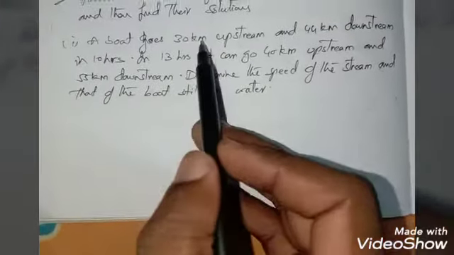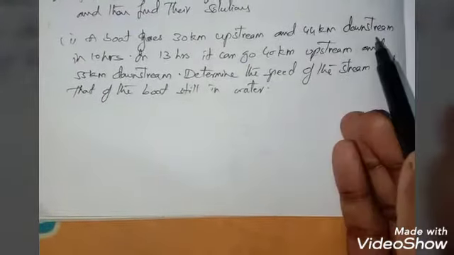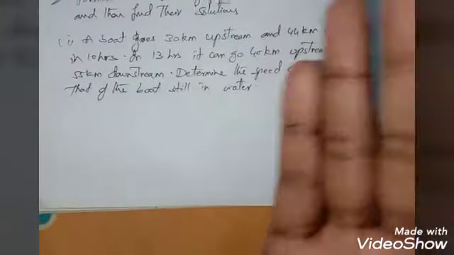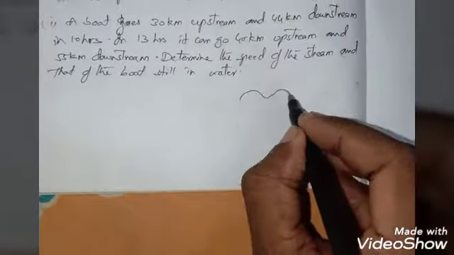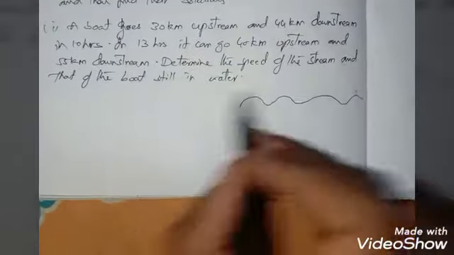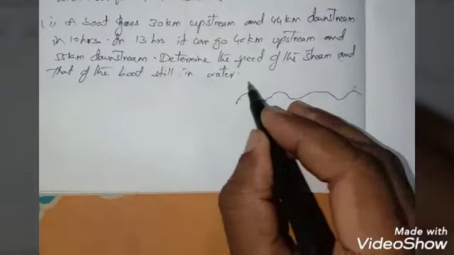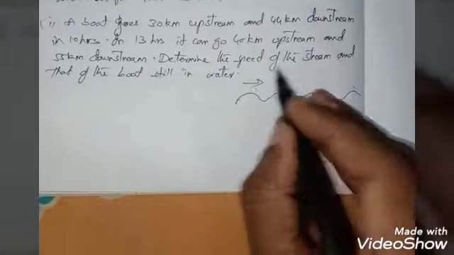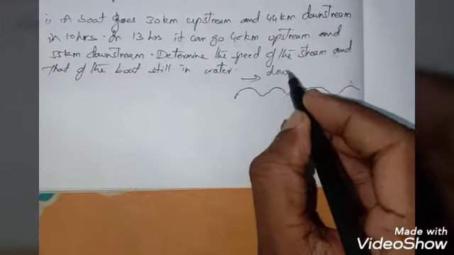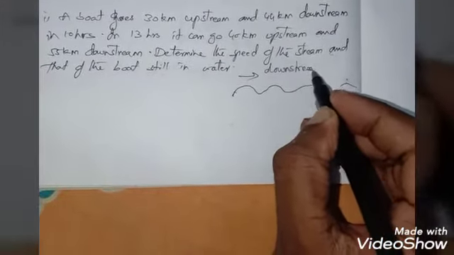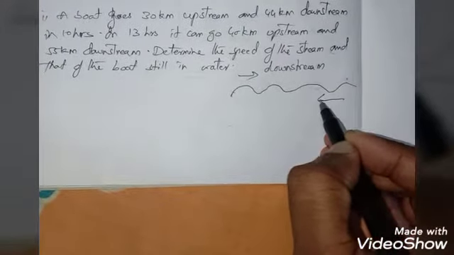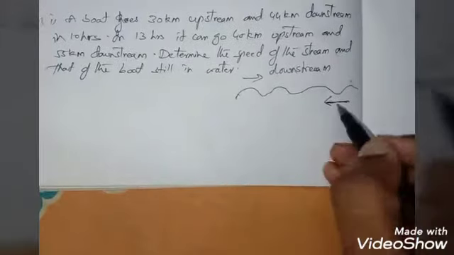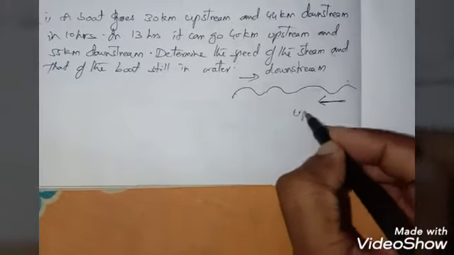A boat goes 30 km upstream and 44 km downstream. Now let us know what is upstream and what is downstream. For example, this is the wavelength, waves of water, right? Now if you are going in the direction of the waves, this will be downstream. If you are going opposite to the waves, that is nothing but upstream.